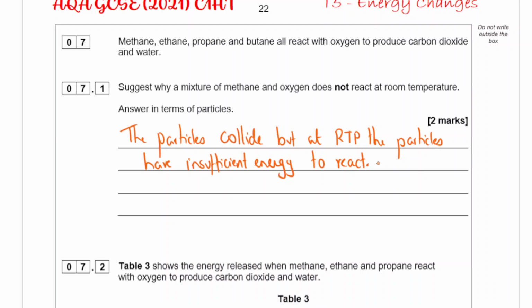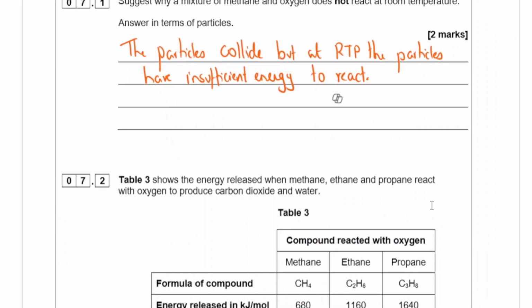So they haven't met the activation energy. So this collision is not successful.